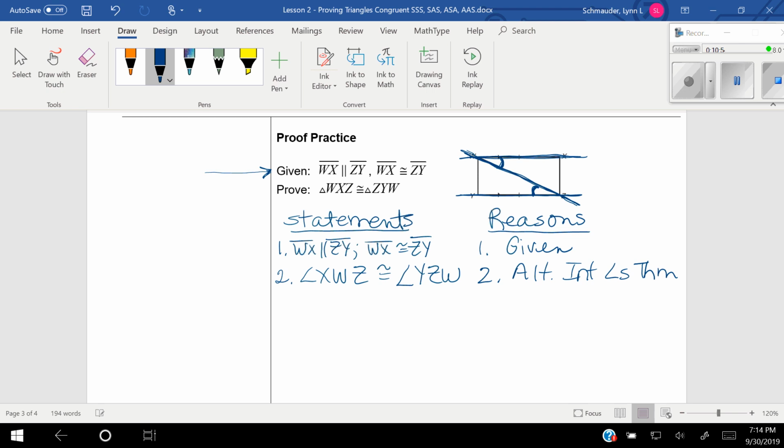Okay, so look what we've got. We've got a side, we've got an angle. So what if we say that this side here, which we also used as a transversal, is congruent to itself? That's WZ, right? WZ is congruent to itself by the reflexive property of congruence.